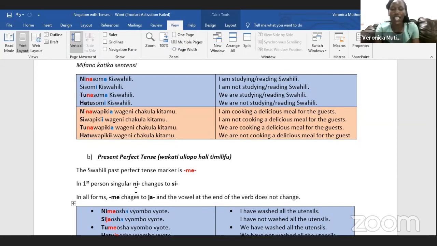And in all forms, either in plural or singular, me, the present perfect tense marker, changes to ja, and the vowel at the end does not change, unlike in the present tense whereby we find that the a at the end of the verb is changing to e. In this case, in the present perfect tense, it does not change. So this will be best explained when we use examples.